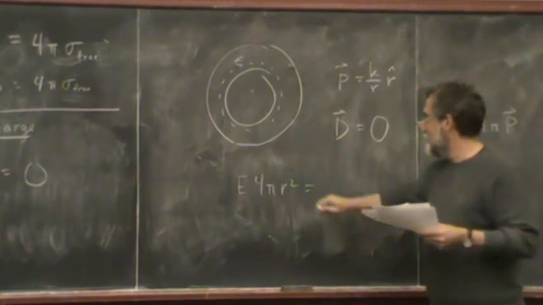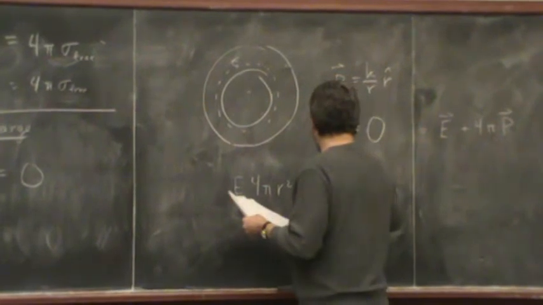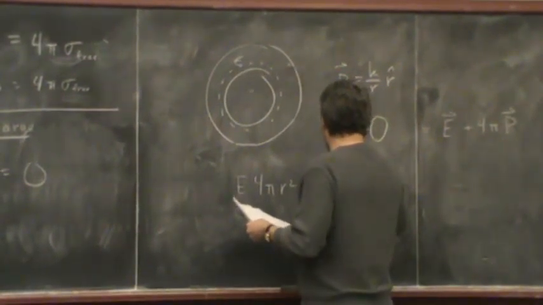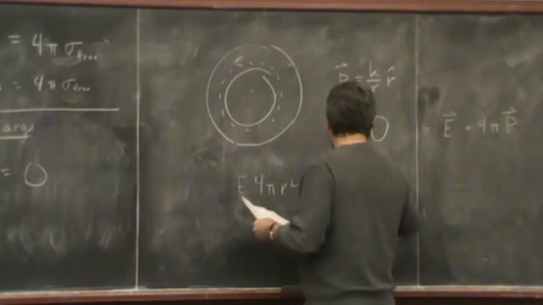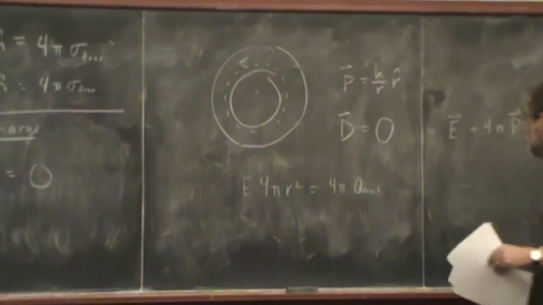Sorry. This is equal to, I can never remember whether there's a 4 pi here or not. I'll put a 4 pi here. There is. 4 pi charge enclosed. It's all charge enclosed, all right?